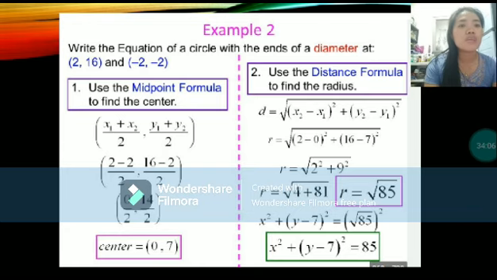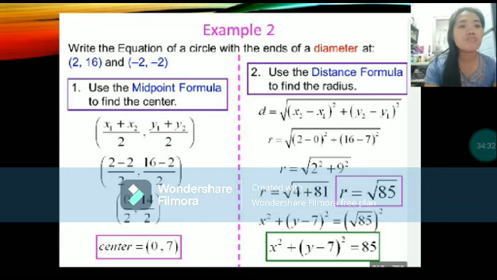Our x sub 2 is 2 and our y sub 2 is 16 in this case. Then our x sub 1 is 0, the center. Focus your attention on the coordinates that we solved for the center, (0, 7). That would be our x sub 1 and y sub 1, and we're going to substitute the values into the distance formula.